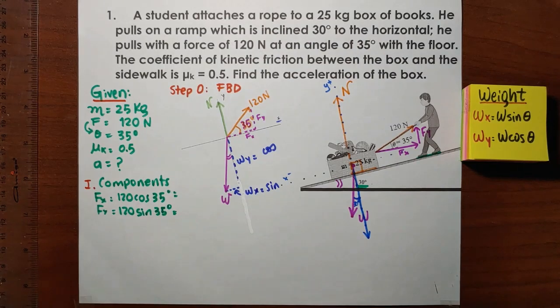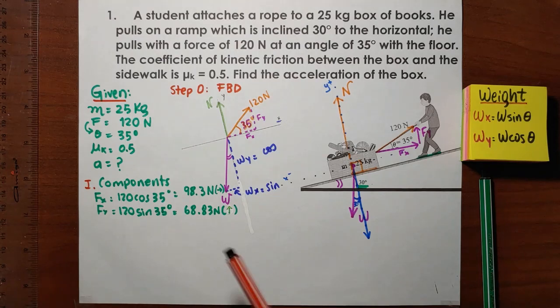When you do this in your calculator, you will get 98.3 and 68.83 Newton to the right and upward.